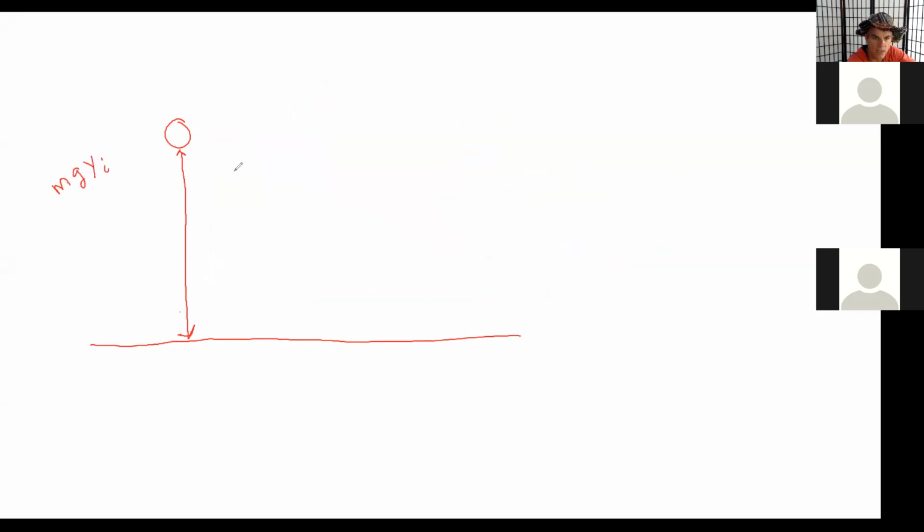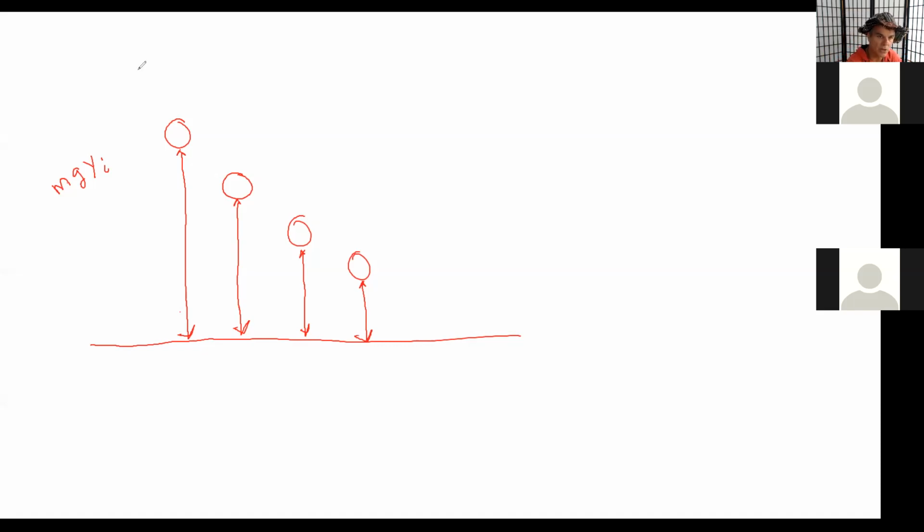But then after hitting the ground, it only bounces up to less of a height. And then it bounces again to less of a height, and so on. So one of the questions could be, is it losing the same amount of energy in terms of the number of joules on each bounce? Is it losing the same fraction of its energy on each bounce, or neither?